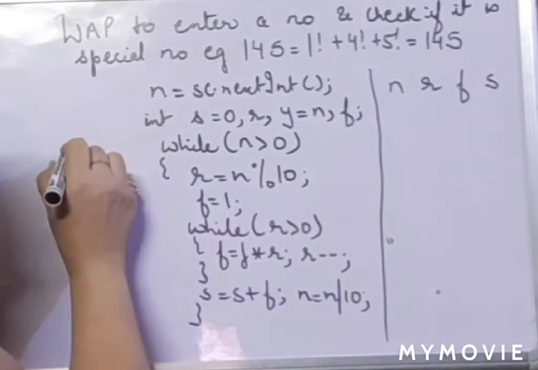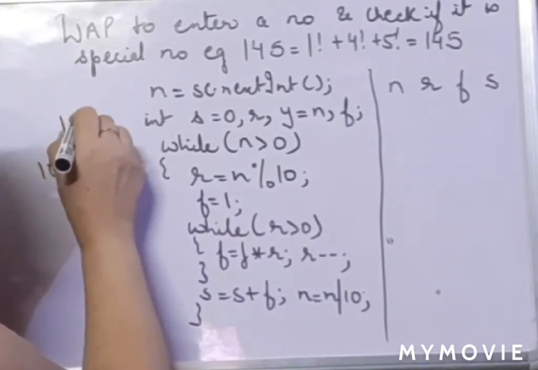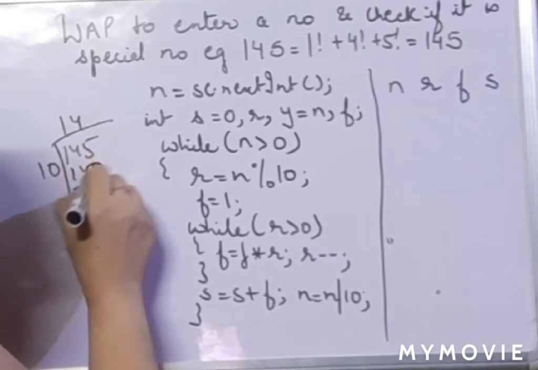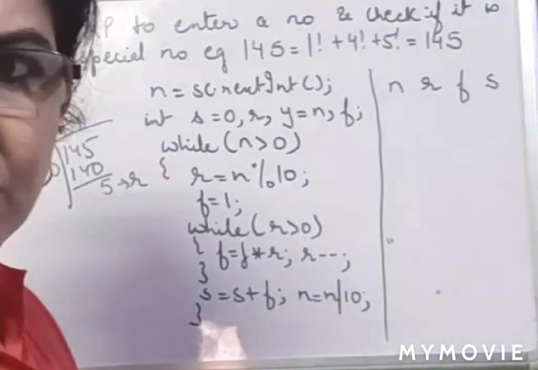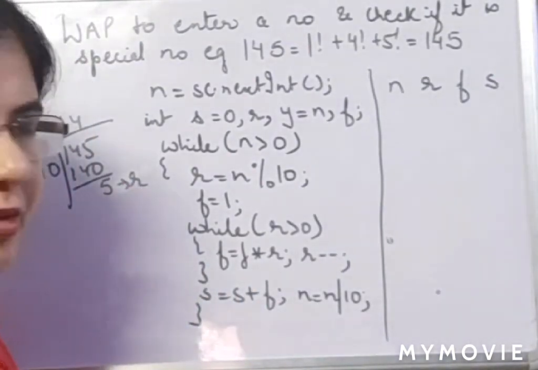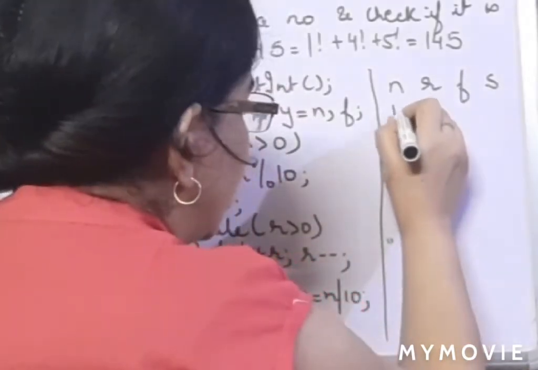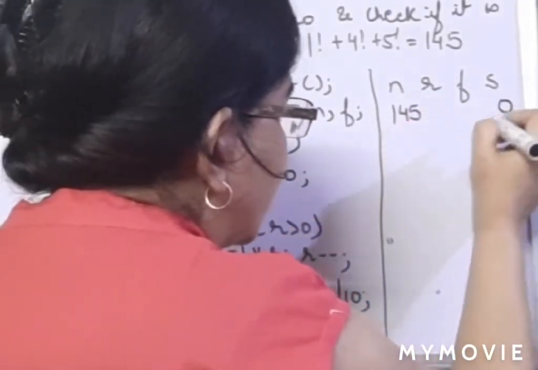145 when we divide by 10, 10 14s are 140, which will give you 5 as a remainder. So the value of r that we are getting here is 5. What was the original value of n? 145. s was 0.